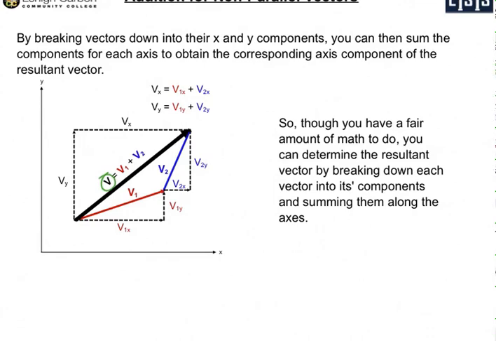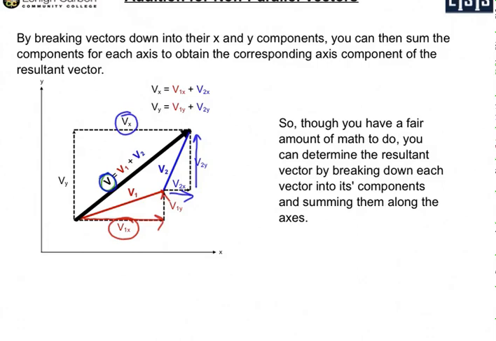And you can break each vector into components. If we look at the red vector here, v1, it has an x component along here and then a y component here. And when you look at your v2, you have an x component and another y component. And so you can get the overall x component of the entire resultant, this v vector here.